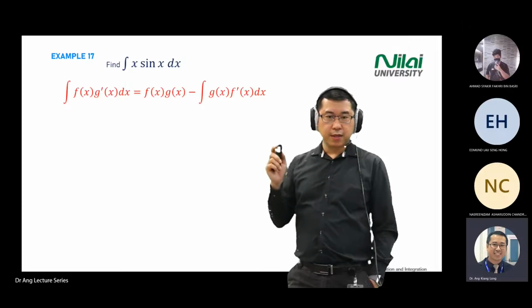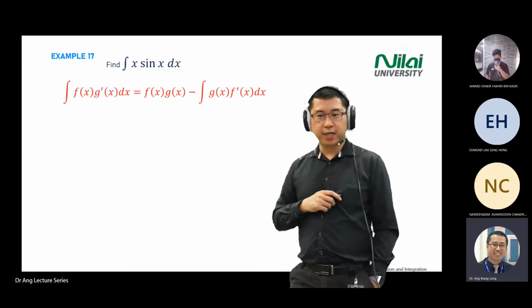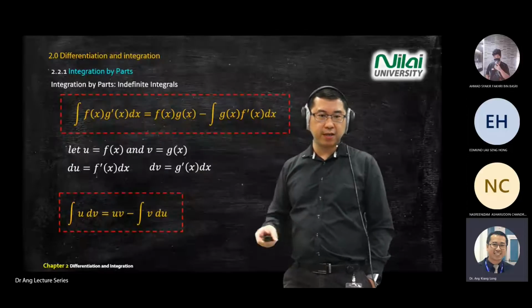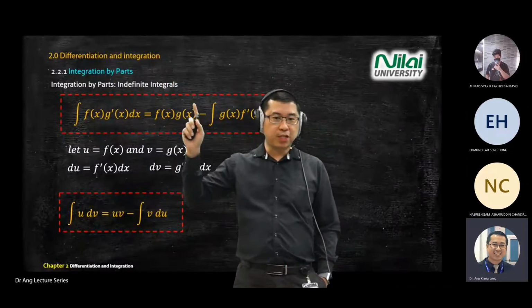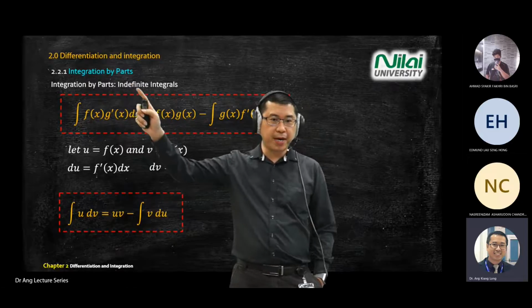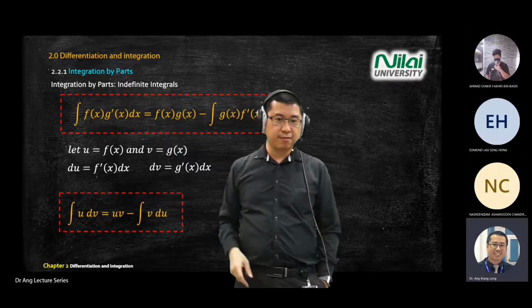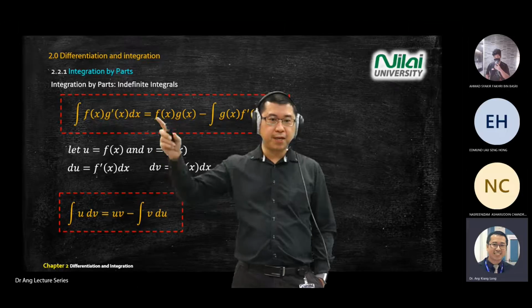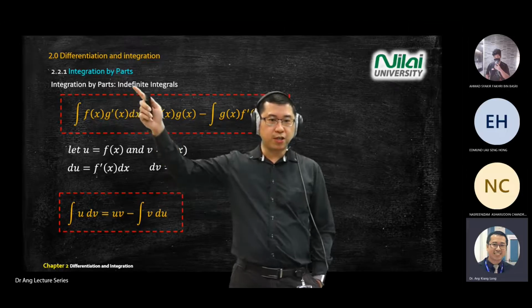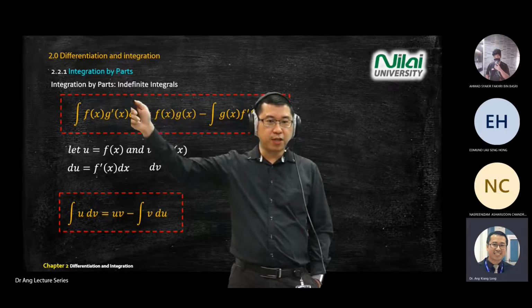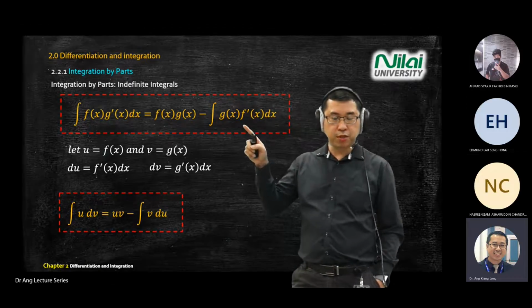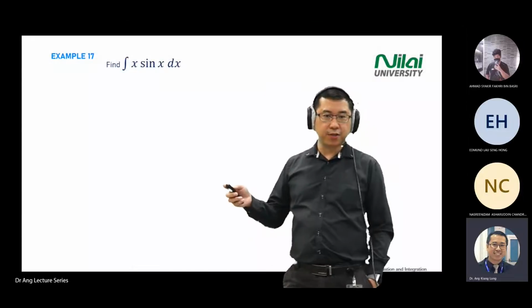How will this come out in the exam? I will ask you to solve this question using what method? For example, solve this question using integration by parts. A question something like this in the test or final exam: solve this function with integration by parts. Meaning I expect you to pull this equation from here and put it in your answer.